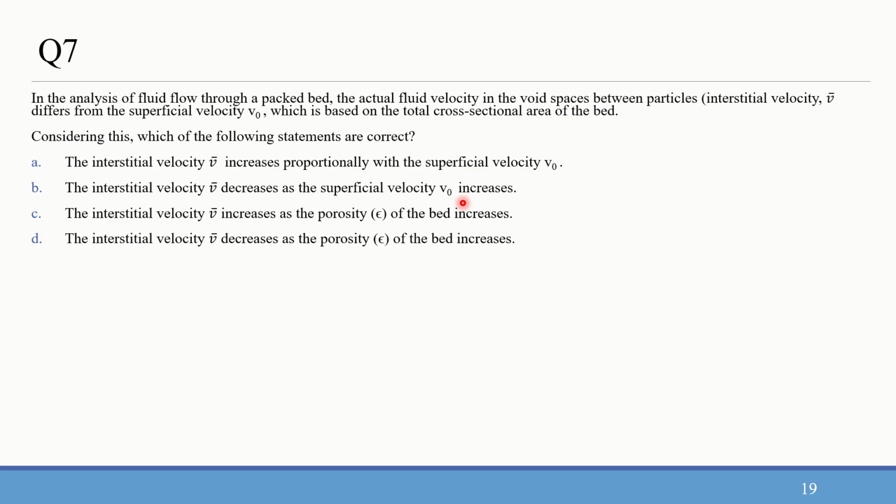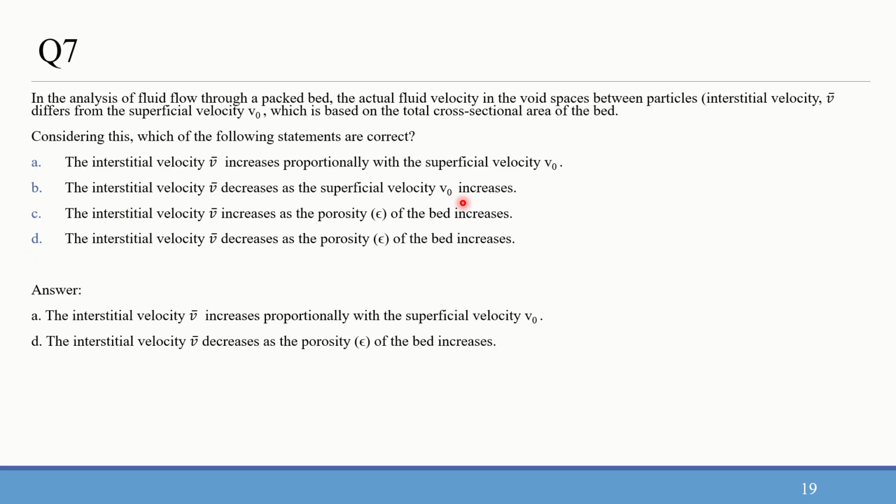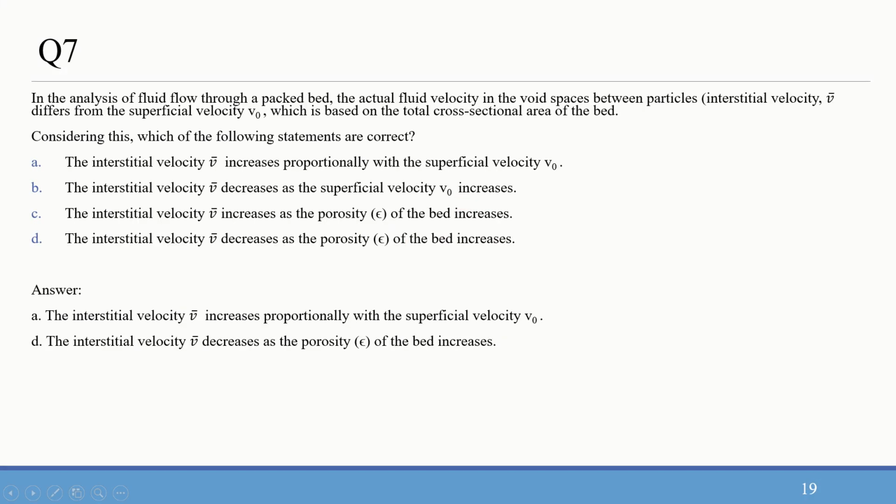Third, interstitial velocity decreases as the porosity of the bed increases. This is again false because it is inversely proportional. And finally, interstitial velocity decreases as the porosity of the bed increases. This is true. So the answer is option A and D: interstitial velocity V bar increases proportionally with the superficial velocity V naught, and interstitial velocity decreases as the porosity of the bed increases. So that is the answer.